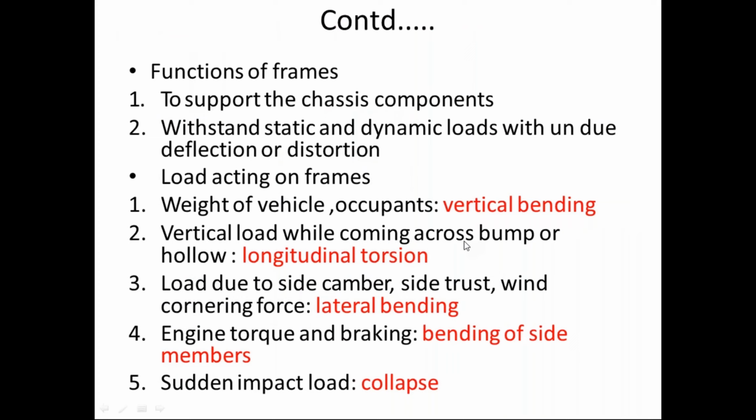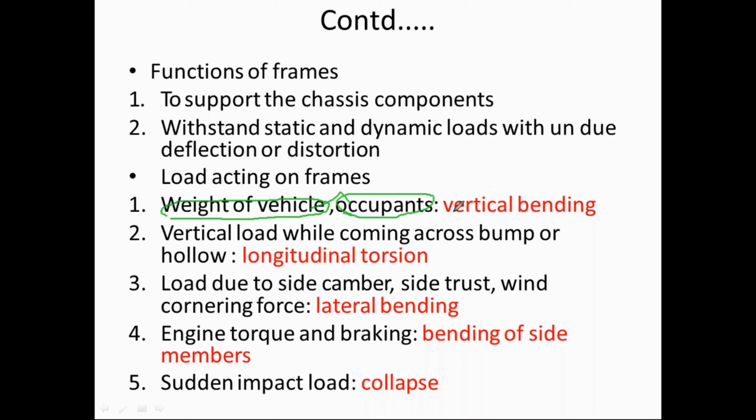Now, what we were talking about is the different loads acting on a vehicle. First, you can say the weight of the vehicle. The weight constitutes all the components together with the occupants sitting in it.